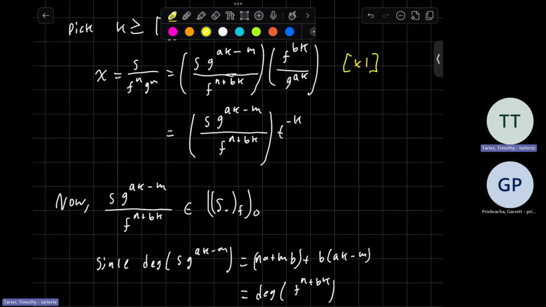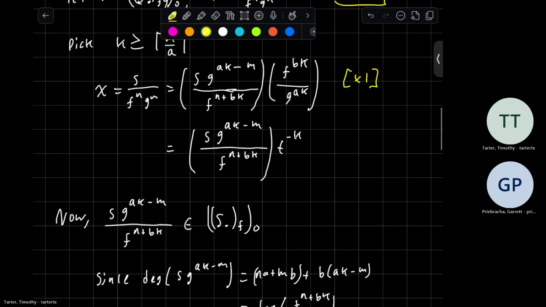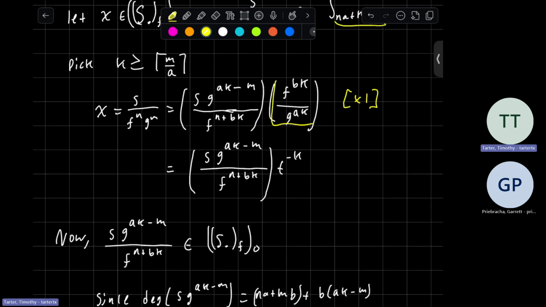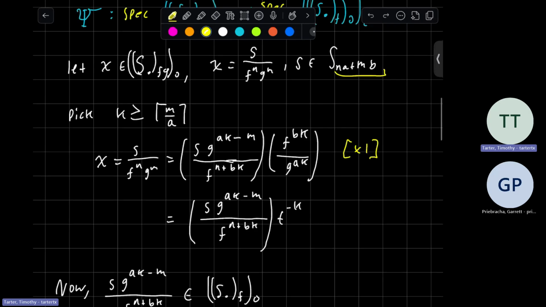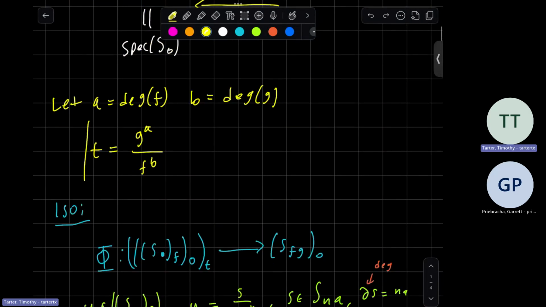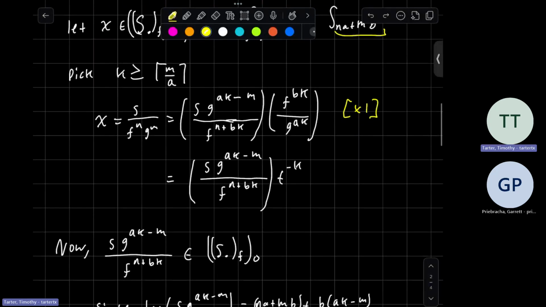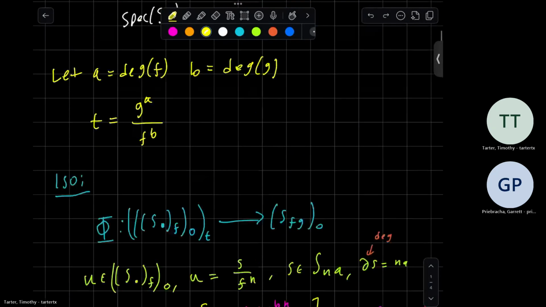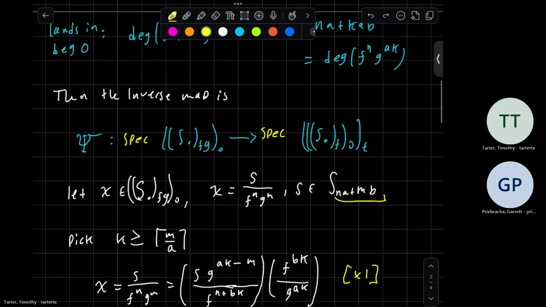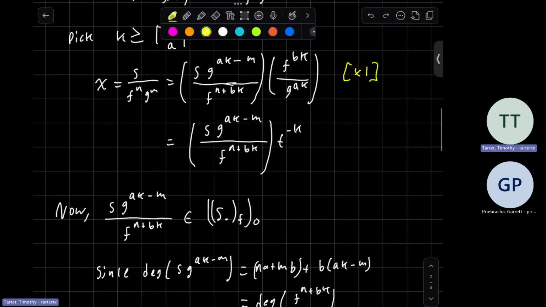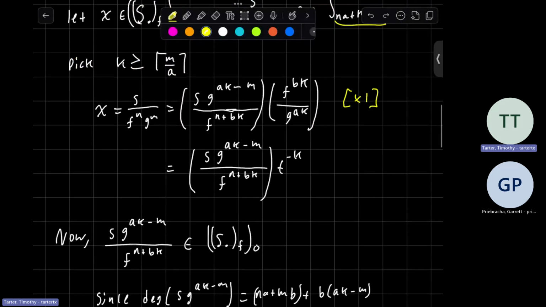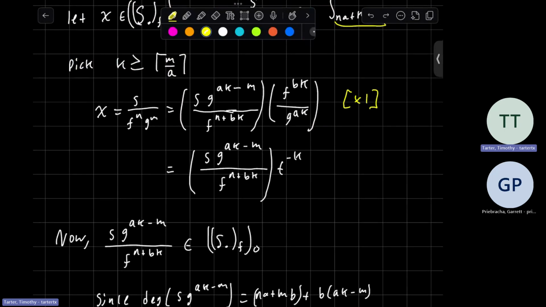And then we can look at this as t to the minus k because we define t to be this thing. And it's t to the minus k because it's flipped. So this is t to the minus 1.